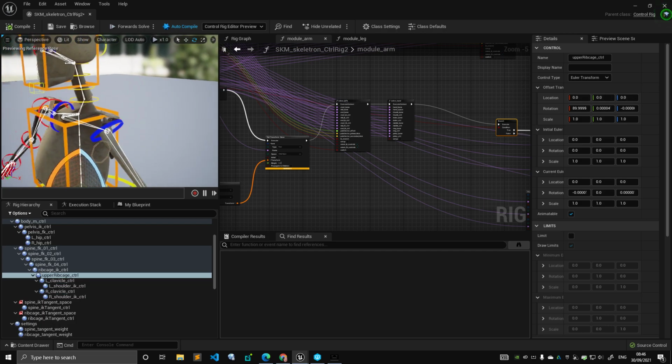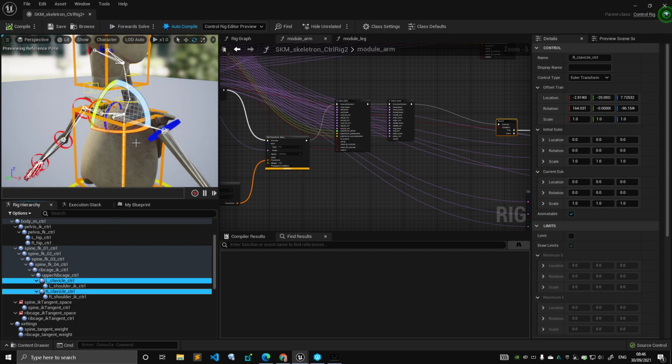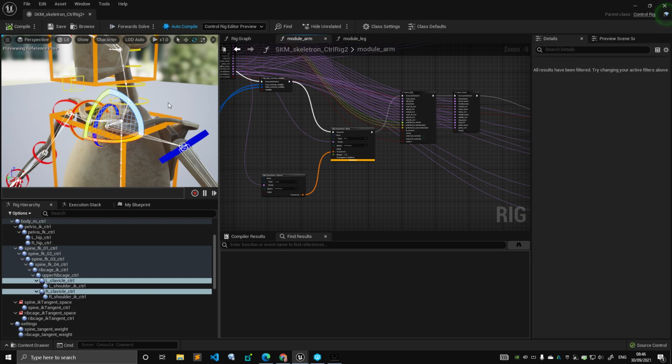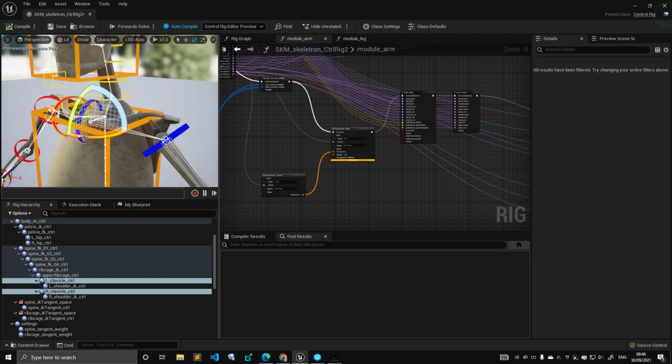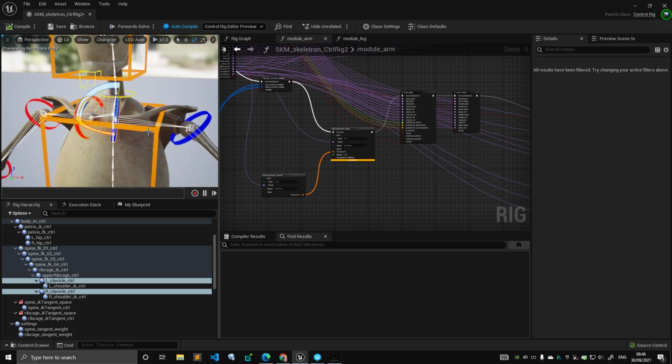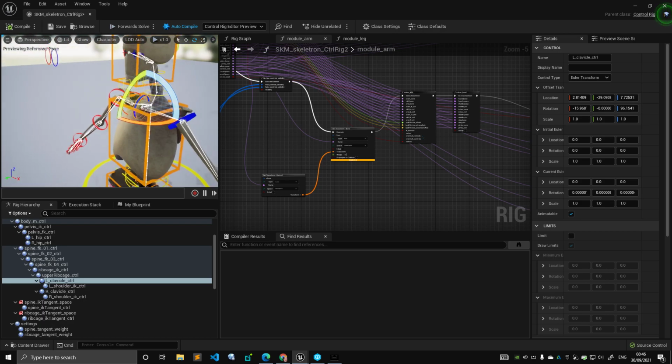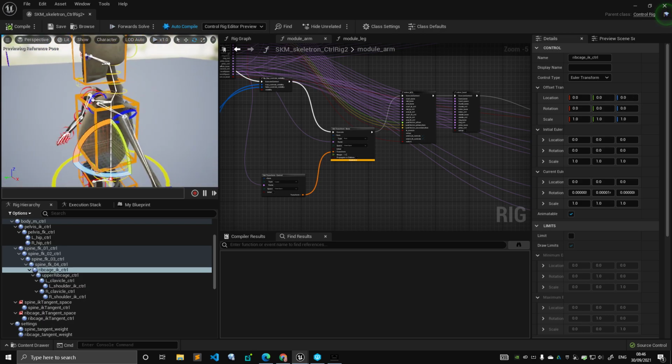And the way you do that is, instead of parenting the clavicle underneath the rib cage, you simply say that the spine 11 input output transform drives the clavicle by creating a clavicle space and just linking it to it in the same way we've always done.